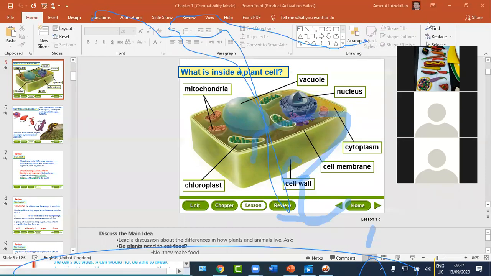Now the mitochondria, vacuole, and nucleus are parts of a plant cell.